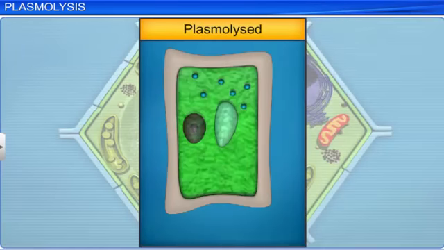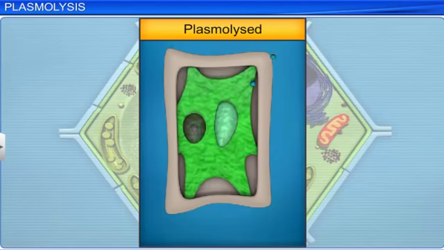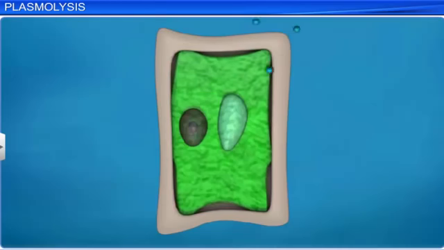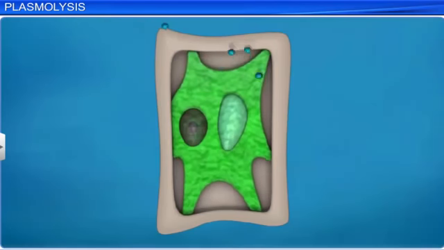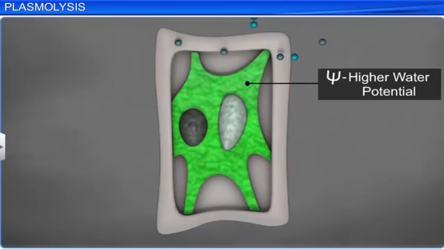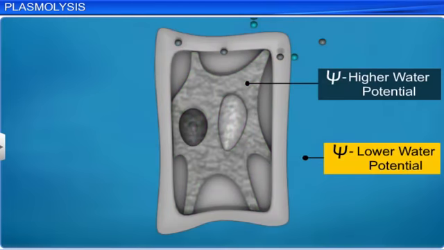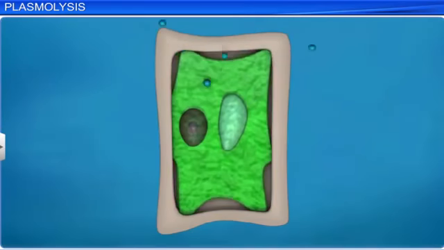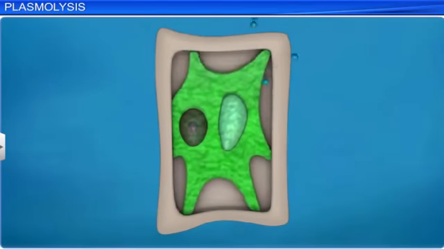In plasmolysis, water first moves out of the cytoplasm and then the vacuole. This movement of water takes place from a cell which has higher water potential to an area outside the cell that has lower water potential. However, plasmolysis is a reversible process.